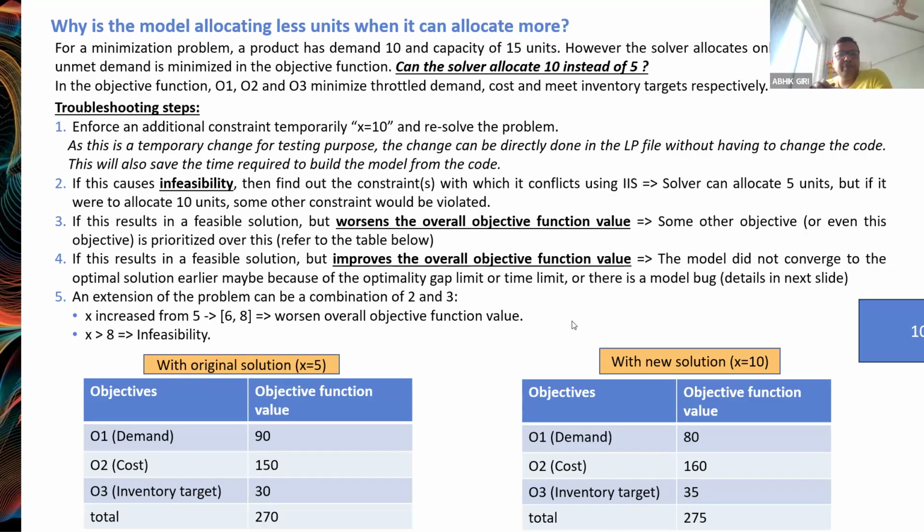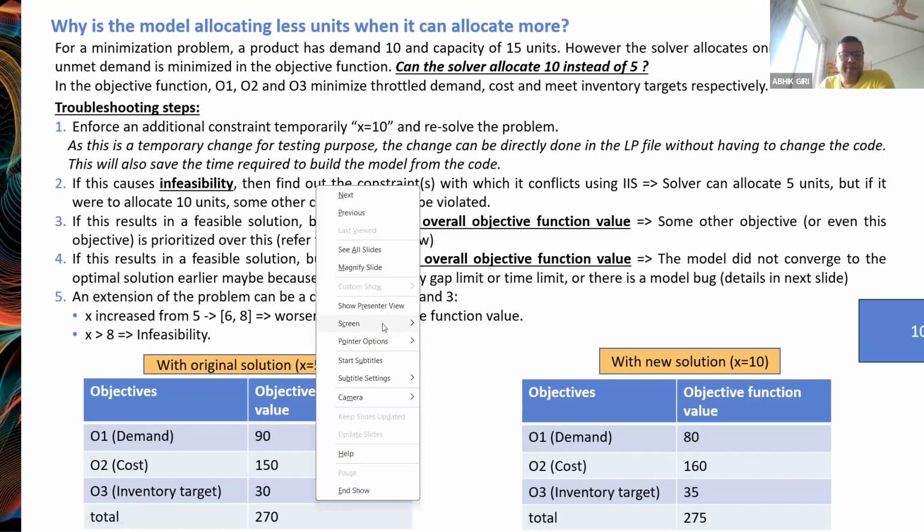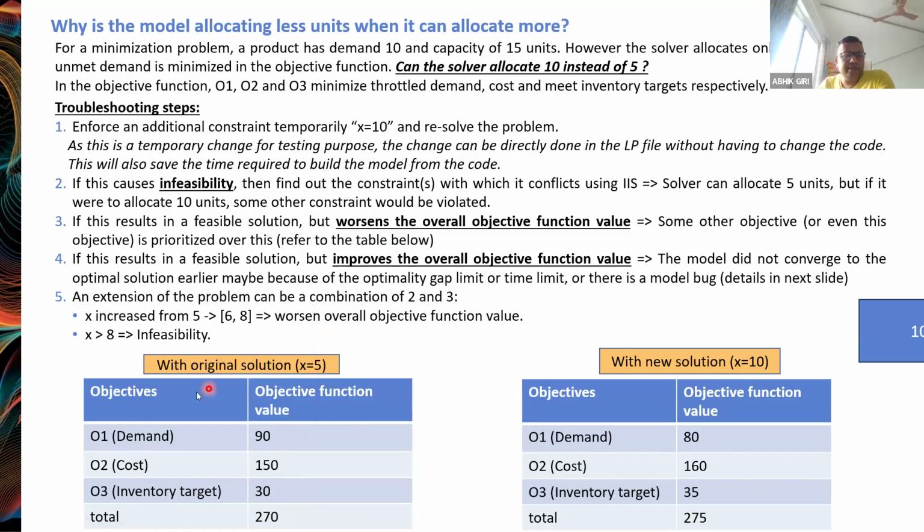Now, if it is feasible but it worsens the overall objective function, then you can find out which objective it is prioritizing over this one by looking at the table below. In this problem, there are three objectives: minimizing unmet demand, minimizing cost, and minimizing the slack surplus with inventory targets.